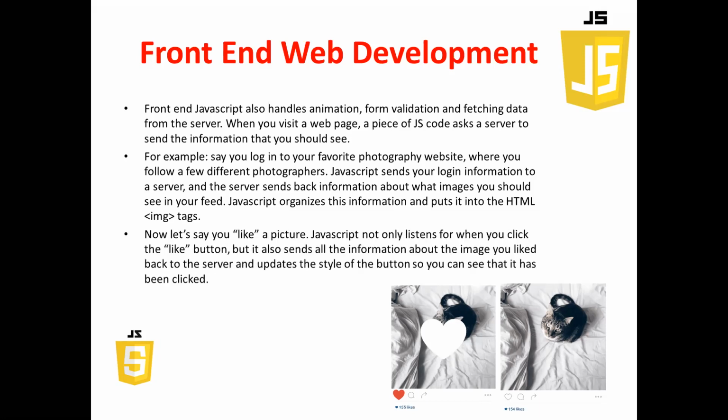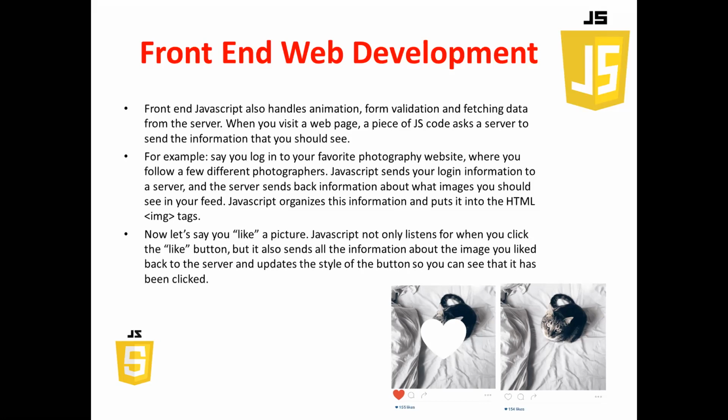Now let's say you like a picture. This is what I have explained to you. JavaScript not only listens for when you click the like button, but it also sends all the information about the image you liked back to the server and updates the style of the button so you can see that it has been clicked. For example, most of you are familiar with Facebook.